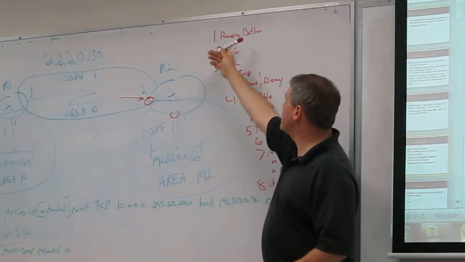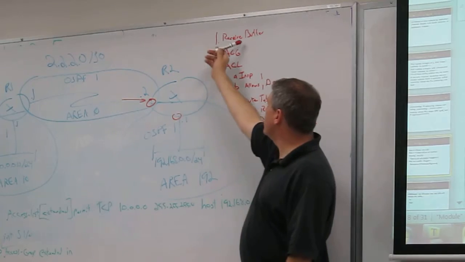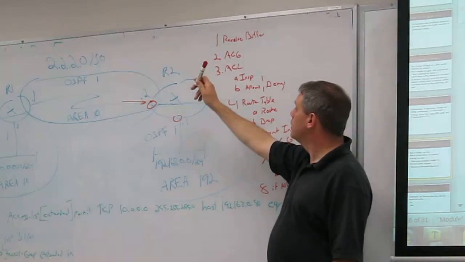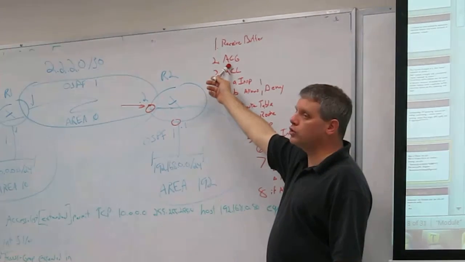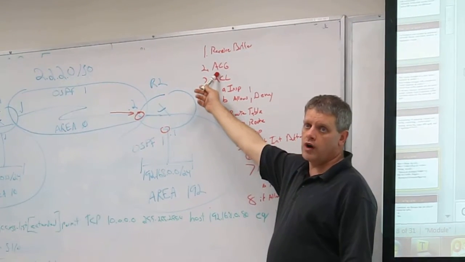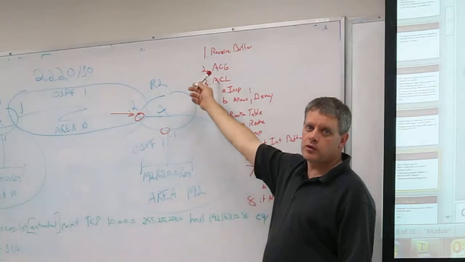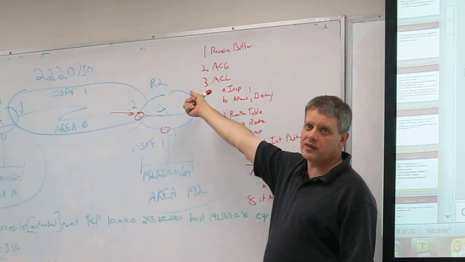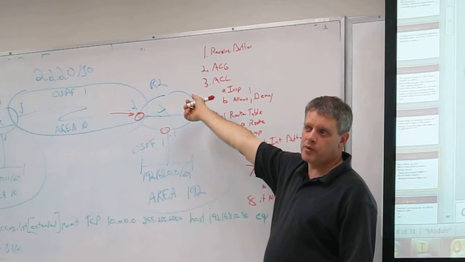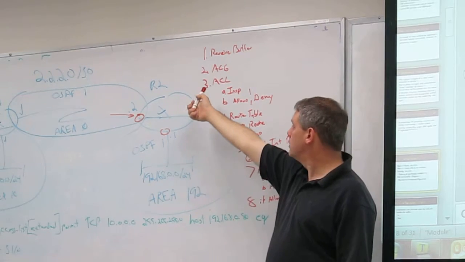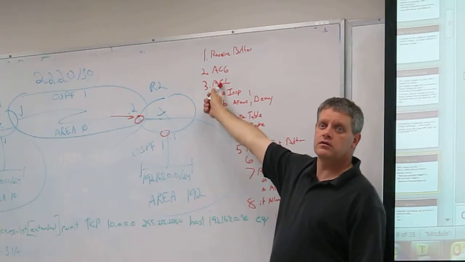So when packets come into an interface, they enter the receive buffer. If there's an access control group on that interface, that acts as a pointer. Y'all remember what a pointer is from programming class? Good. It points to an ACL.